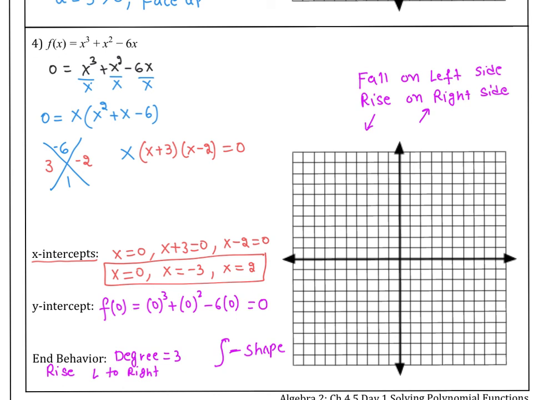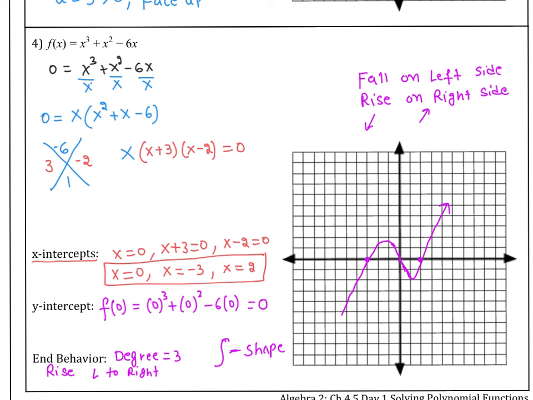Now we are going to make a graph here. X value 0, x value -3, and x value 2. So how I'm looking at this graph, this is going to fall on the left side and rise on the right side.